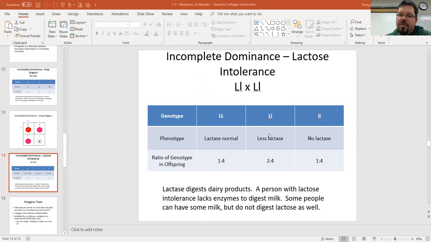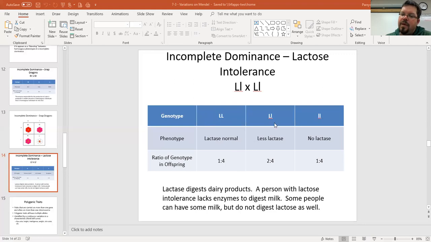And then those caught in the middle, the heterozygote individuals, having one dominant and one recessive allele, are not lactose intolerant but lactose sensitive, meaning they can digest some dairy products, some milk, but not as well as those that are normal.